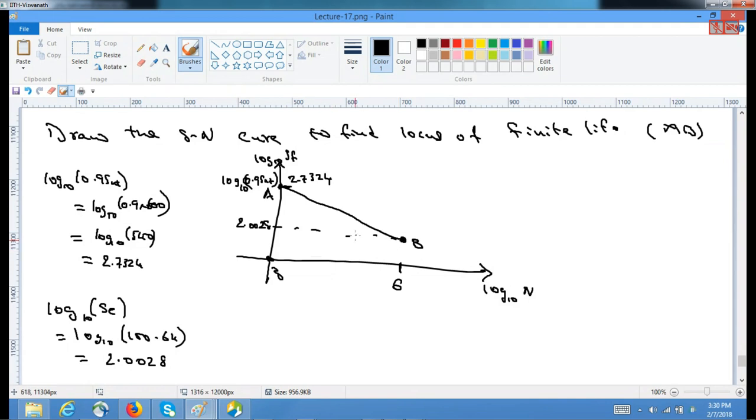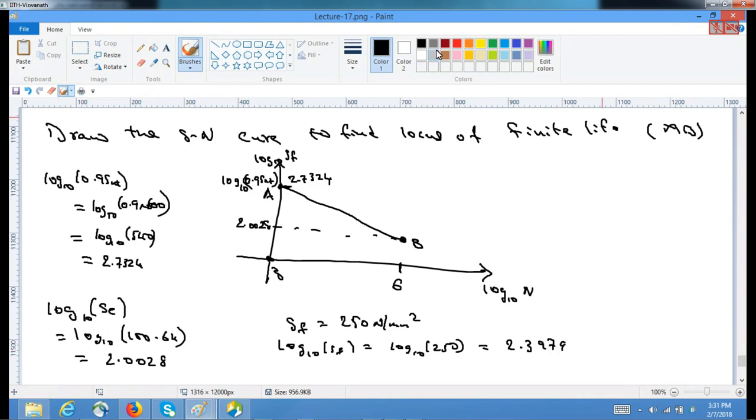We want to design this. We are operating this one at 250 Newton per mm square, so we know our SF is equals to 250 Newton per mm square. So log 10 SF is equals to log 10 250, that is equals to 2.3979.